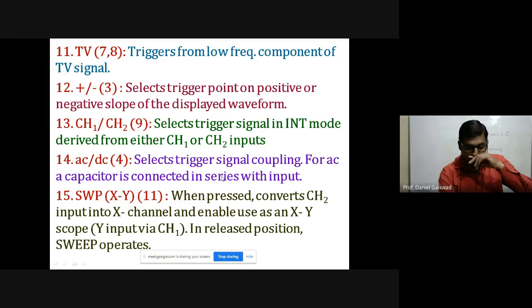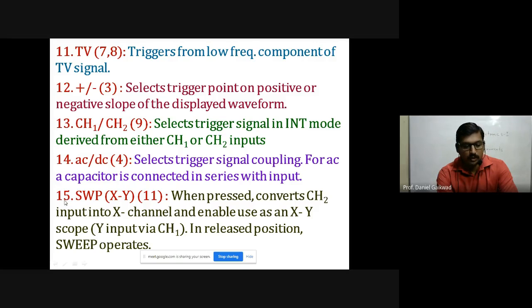Suppose AC is given, then we use the AC connection, and if we give DC, then we have the DC condition, or the DC knob should be pressed, and accordingly we have processing of the trigger signal using either AC or DC. For AC we require a capacitance here, for DC it is given directly to the trigger.